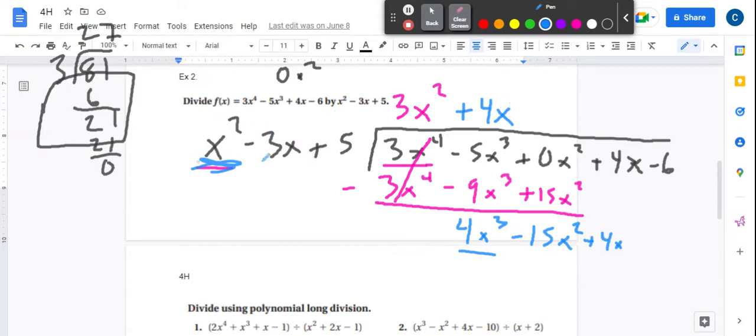And again, we're going to distribute this whole polynomial through 4x. So x squared times 4x is 4x cubed. Negative 3x times 4x is negative 12x squared. And 5 times 4x is 20x.